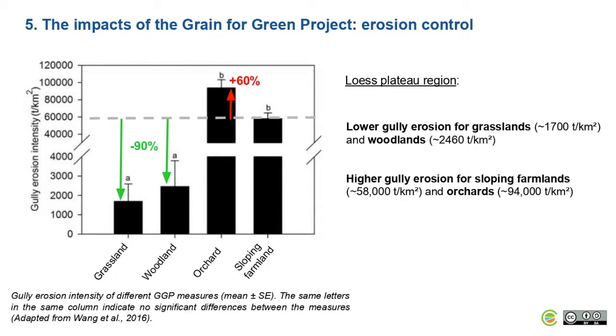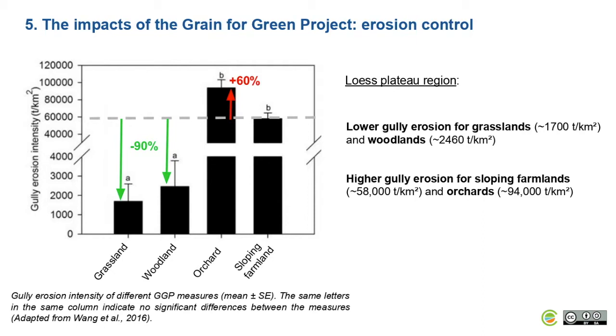The study compared the intensity of the erosion for different types of land cover. In the study, sloping farmlands are converted into grassland or woodland or orchards. We can see that with the conversion of sloping farmlands into grassland or woodland, there is a reduction of the intensity of the erosion by at least 90%.